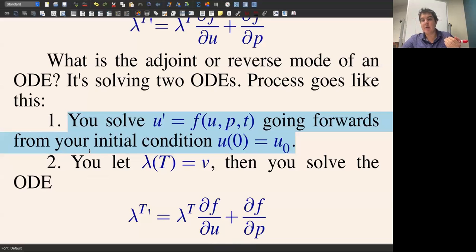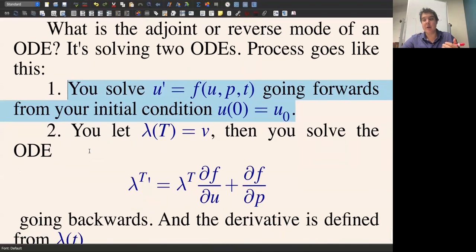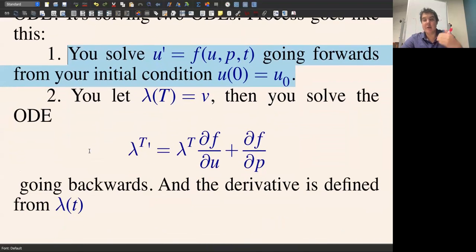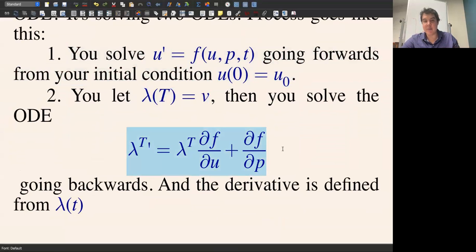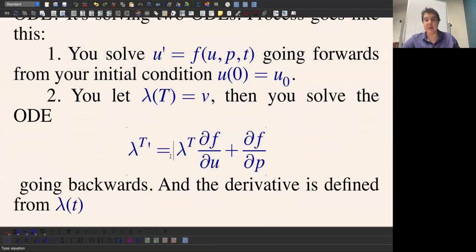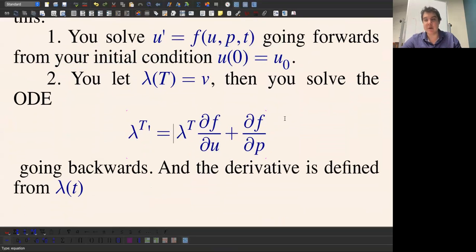Instead of pulling back a static computation graph, here we're doing a pullback of a continuous equation, and that pullback is just solving an ODE backwards in time. It's specifically solving this ODE backwards in time. Solving backwards in time basically just means you put a minus sign in front of it, but those are details. You solve an ODE going forwards, and then the pullback is to solve in reverse, where you have to use the information of your forward solve.